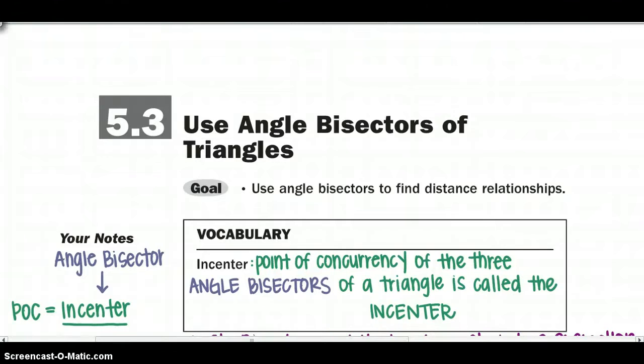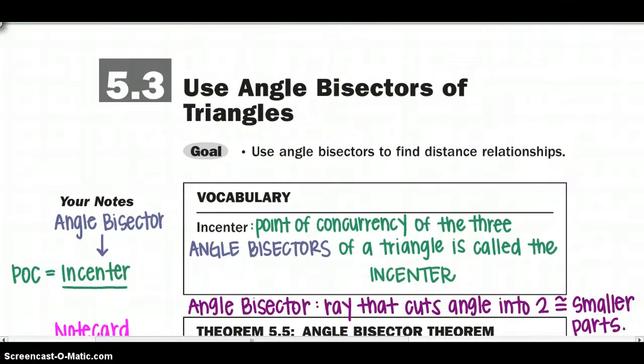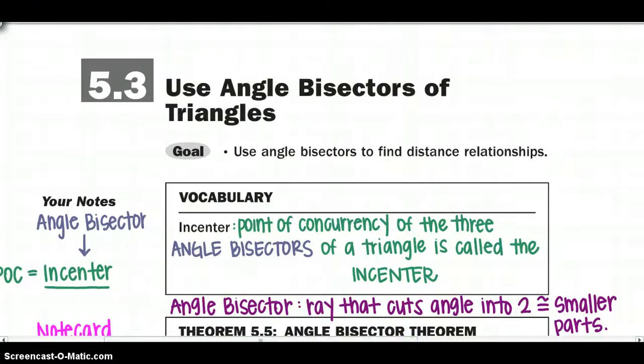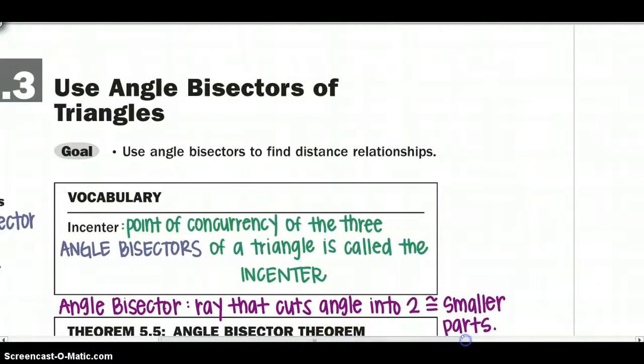And just to refresh our memory about what an angle bisector is, an angle bisector is a ray that cuts the angle into two congruent smaller parts. Remember when we talked about that angle bisector, if I bisect an angle, I'm not getting two congruent segments out of it. I'm just getting two congruent angles.